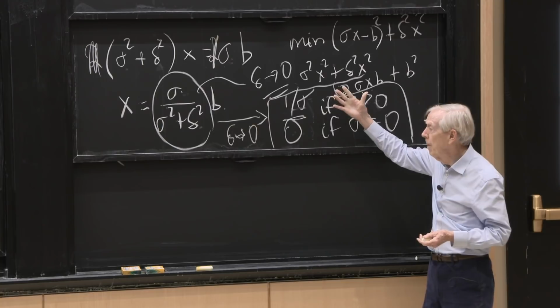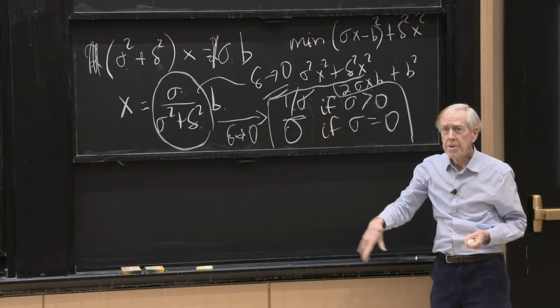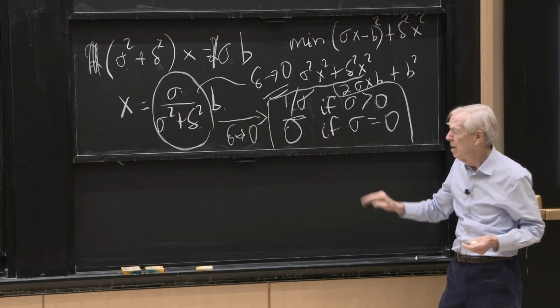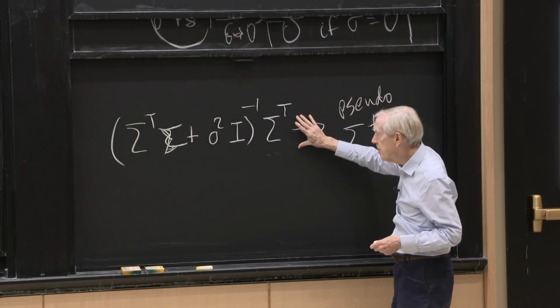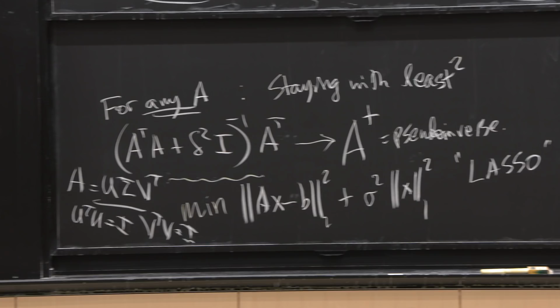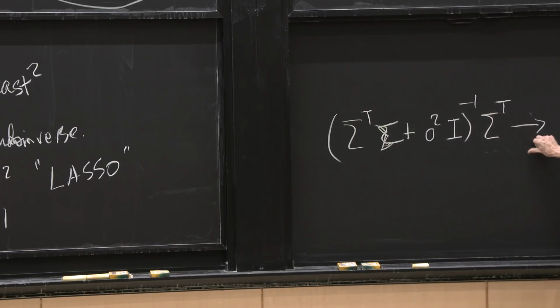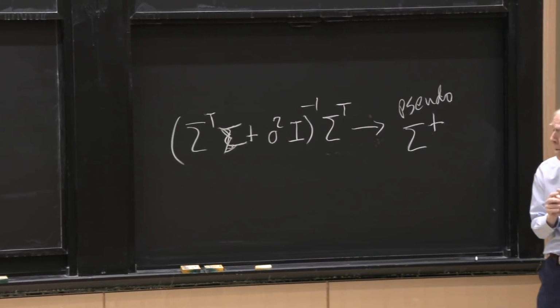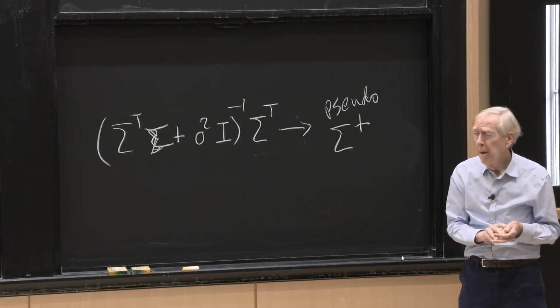Prove it first for 1 by 1, then secondly for diagonal, and finally for general A, using the SVD with U and V transpose to get out of the way and bring us back to here. Okay, so that's the theory.